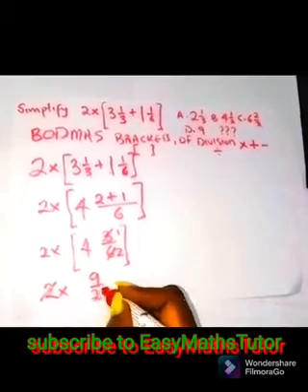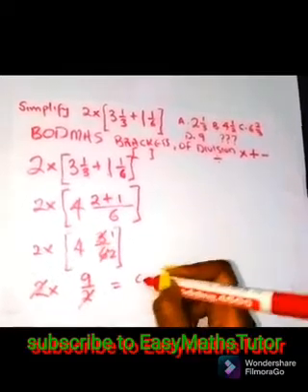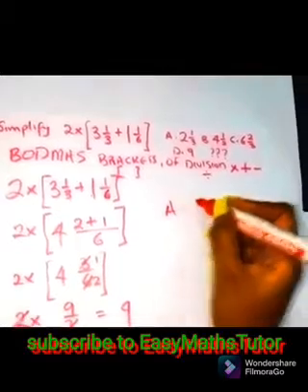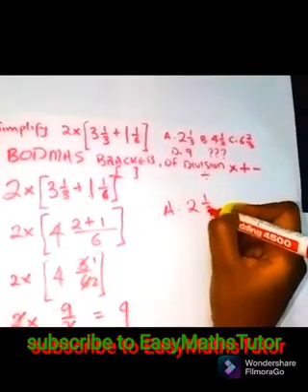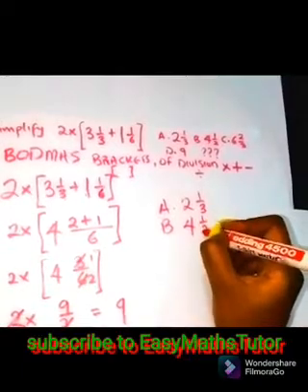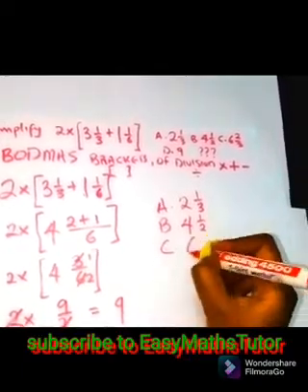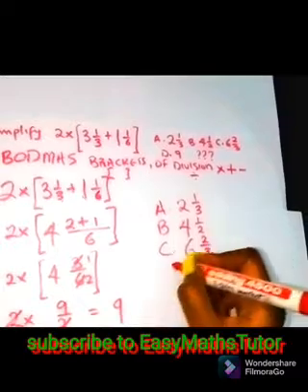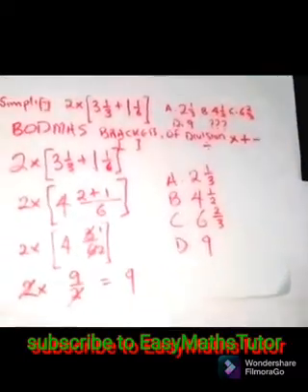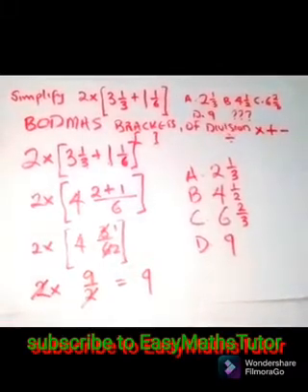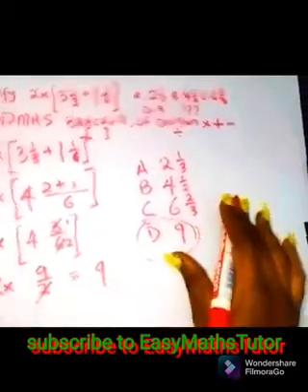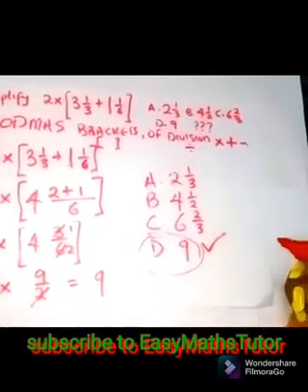So this 2 will cancel this out, and our answer will be 9. So from our options, we have A, 2 whole number 1 over 3, B, 4 whole number 1 over 2, C, 6 whole number 2 over 3, and D, 9. So we can see from this problem that our answer is 9.